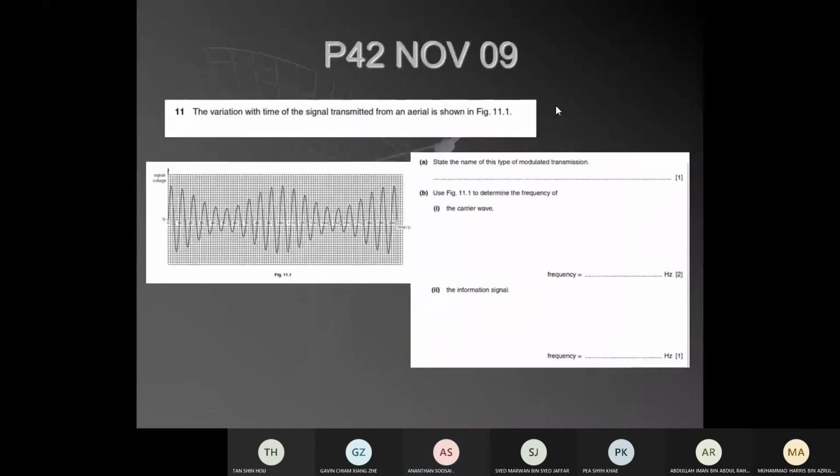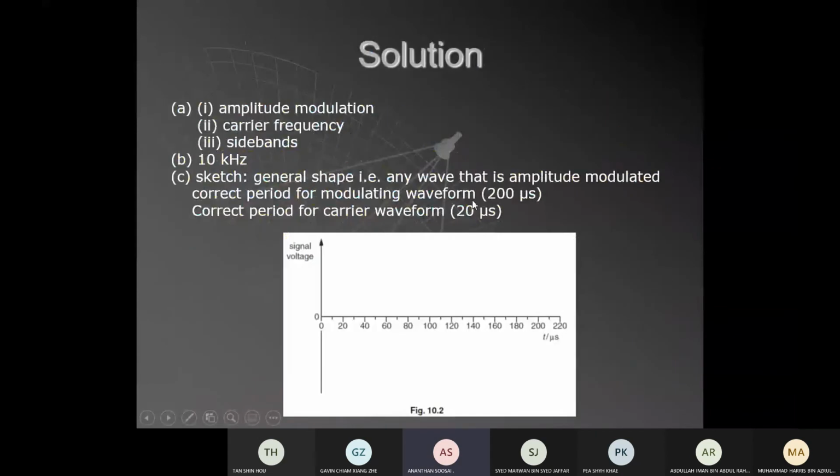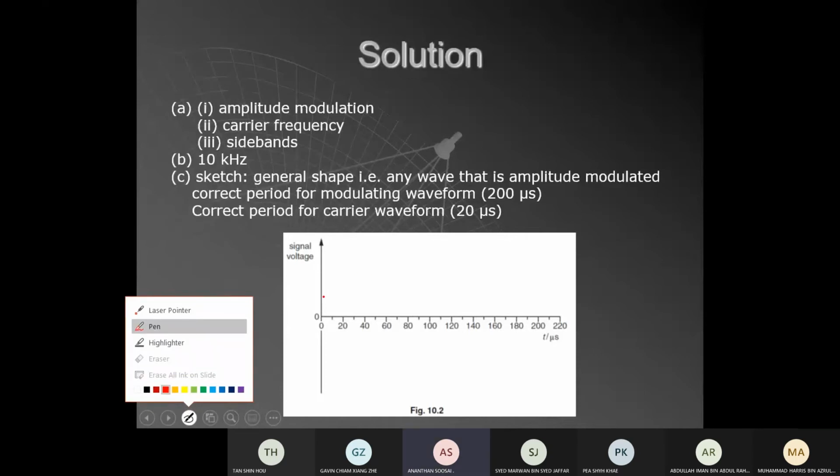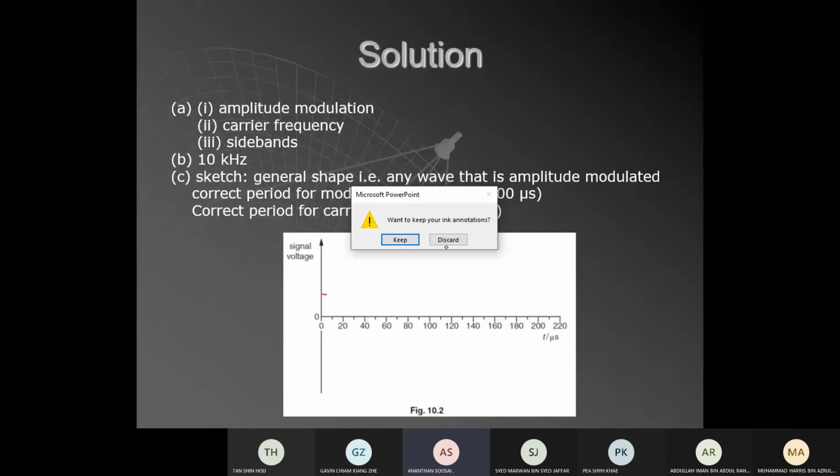Okay, where's the graph? This graph. Here we found that the carrier period is only 20 microseconds, and the signal period is 200 microseconds. So how do you draw? The pattern should start from here and go up.